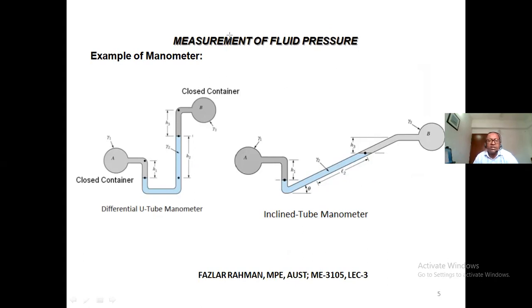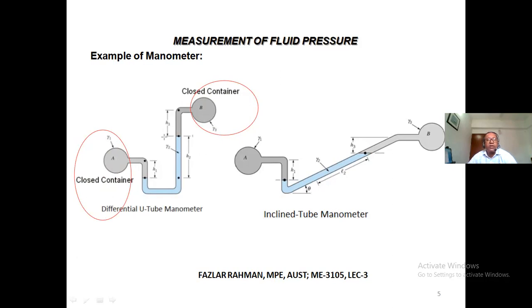Depends on what type of tank and where you are working, right? So you have one bigger tank over here, another tank over here. So from the manometry, you can figure out the pressure difference between two vessels. You see this one is pushing down, and this one might have low pressure. That's why fluid is going in the upward direction.